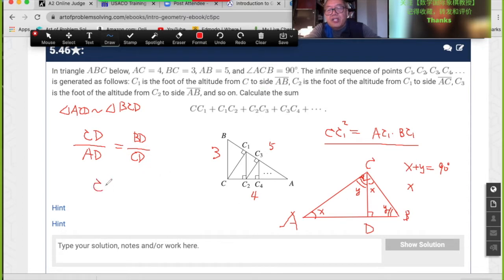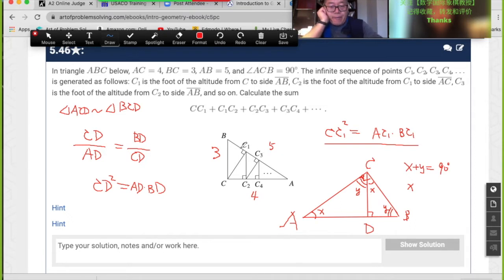Then you do cross multiplication. You get CD squared equals AD times BD. Okay? So in this diagram, we also get a similar expression: AC squared equals AC1 times BC1. Now, do you understand?